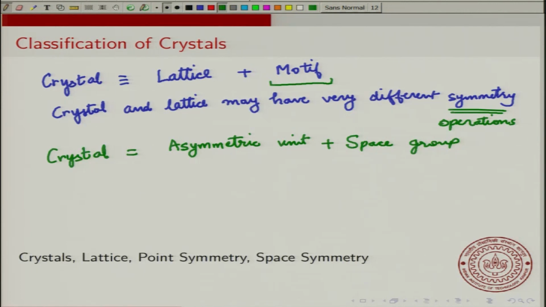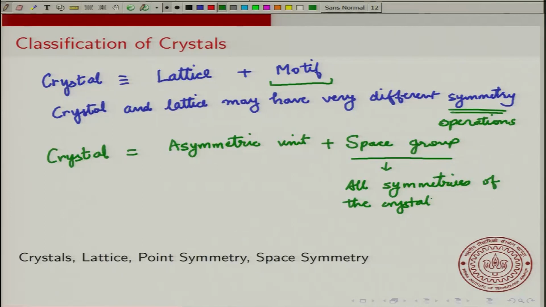Now, the space group looks at all symmetries of a crystal. So if you know the asymmetric unit, then by all these symmetry operations you can generate the entire crystal. And remember, it also includes translational symmetry. So you can generate the entire set of symmetries of the crystal.